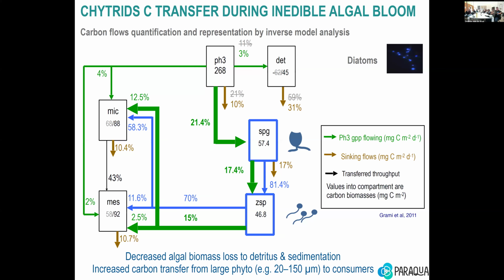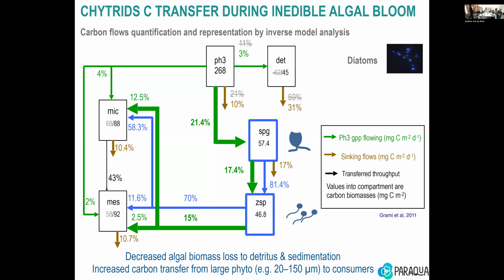What I want to specify here is that we calculated that in this case about 20% of the large phytoplankton carbon flow was conveyed to the sporangia, and then more than 80% of this flow was conveyed to the zoospores.